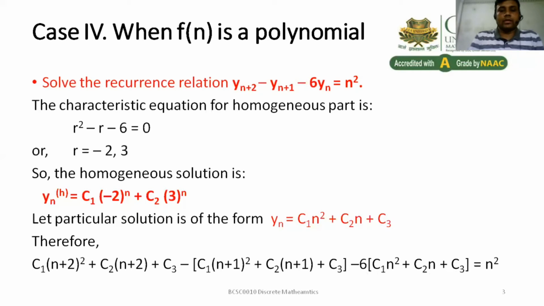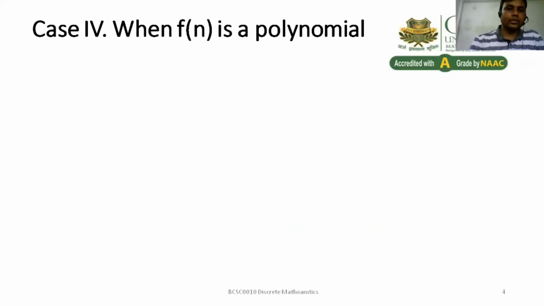Okay, so this is the equation that has been obtained after putting the values of y(n+2), y(n+1) and y(n) in the given recurrence relation. Now we can simplify this and collect the terms of n^2, n and the constant term.